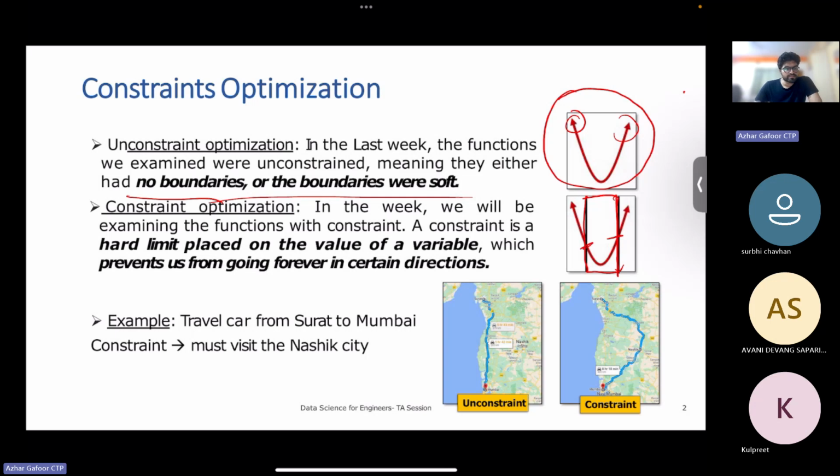So a constraint is a hard limit placed on the value of a variable. If you have f of x, this x can take only values within this interval. Whereas here there was no boundary or constraint on x. x can take any values.